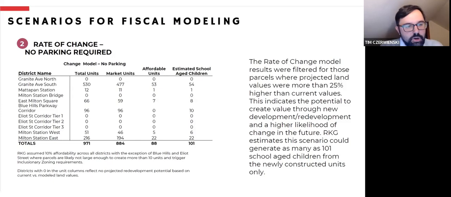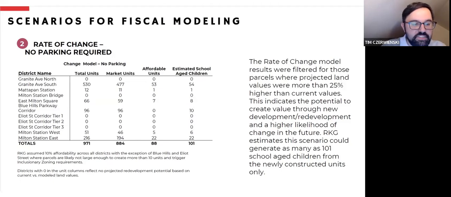And a great example right now is Granite Avenue North, 2 Granite Ave, where the Flatley building is. Right now, the value of that land is still too great for a developer to come in, purchase it, develop what is allowed to be developed under the zoning, and still make that 15% internal rate of return. And so this model is assuming that no units are going to be built on Granite Ave North.